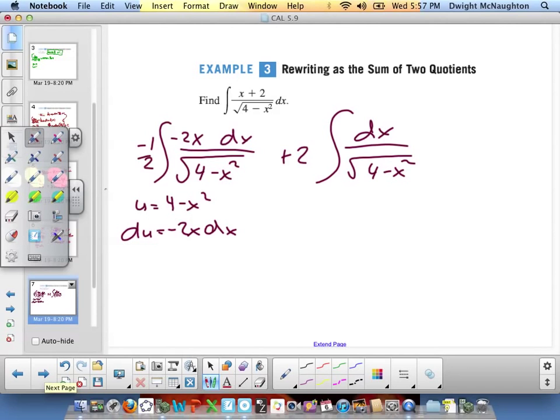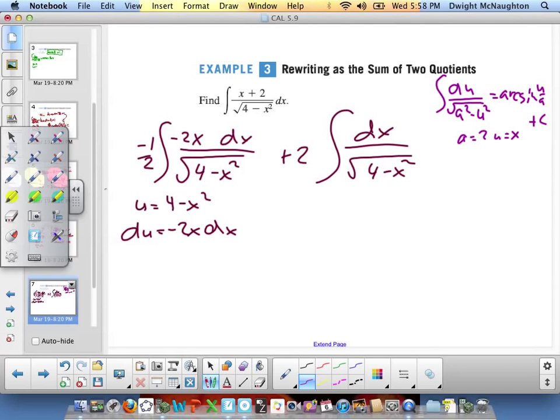The second integrand, that looks very much like the sine one. If you remember the sine was du over the square root of a squared minus u squared equals arcsine u over a plus a constant. All right, and you can see if a equals 2 and u equals x, that fits.